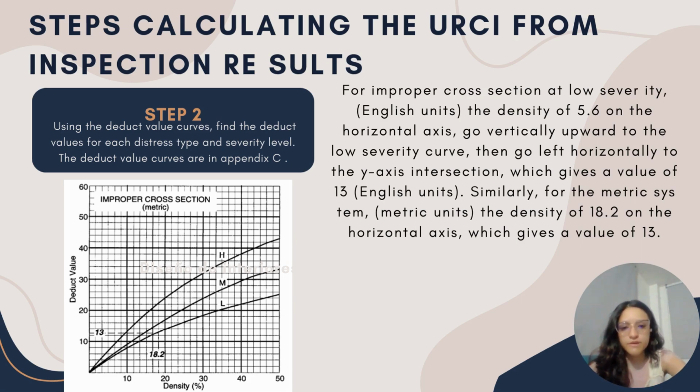Then go left horizontally to the y-axis intersection, which gives a value of 13. Similarly, for metric units, the density of 18.2 on the horizontal axis gives a value of 13.